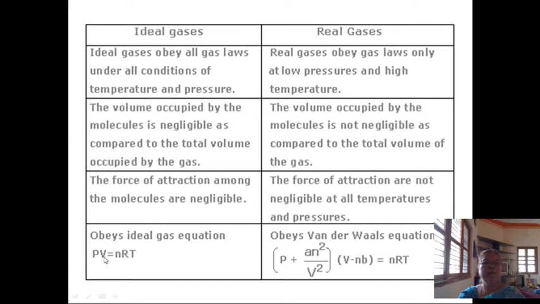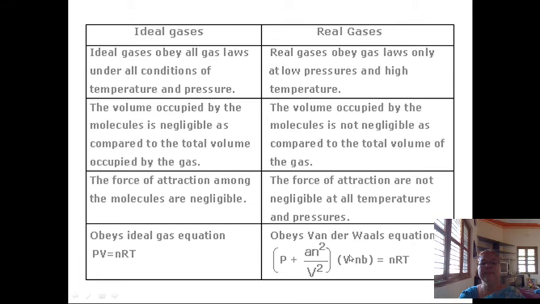In short, the product of pressure and volume of any gas is equal to RT for 1 mole of gas. This is the general gas equation. It is obeyed by all ideal gases. And real gases obey the van der Waals equation.